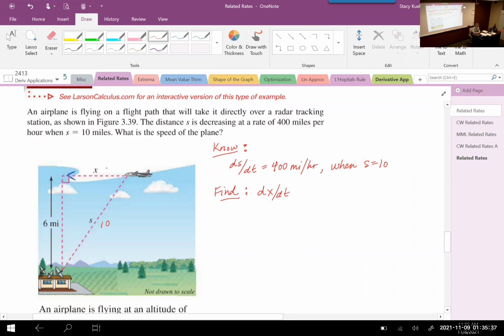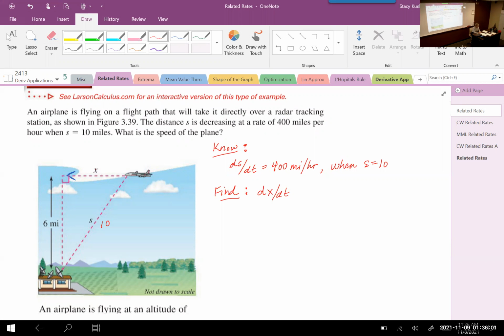Okay. Now, if I'm looking for this horizontal change up here, think about it, what kind of formula would I be using here? What kind of shape do I have? The triangle. In a triangle, what kind of formula using a triangle relates all its sides together? Pythagorean theorem, right? Okay.